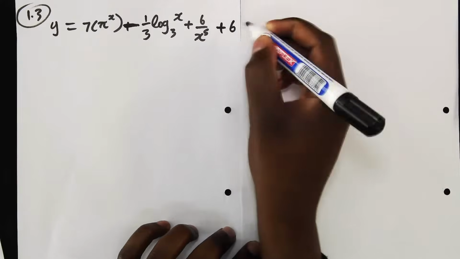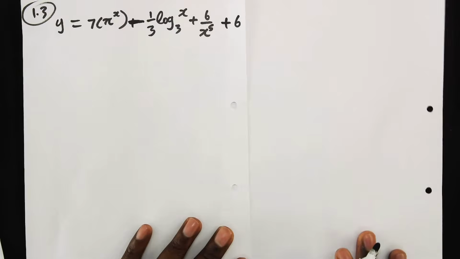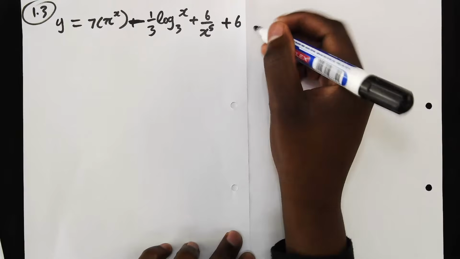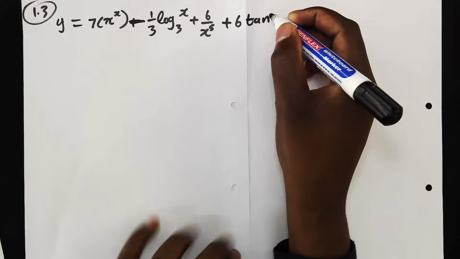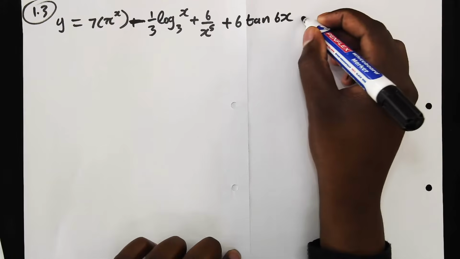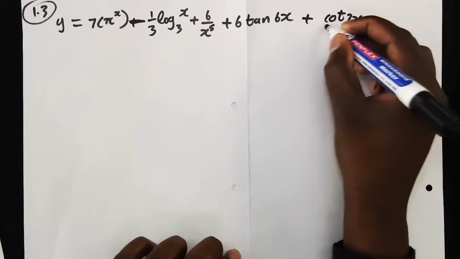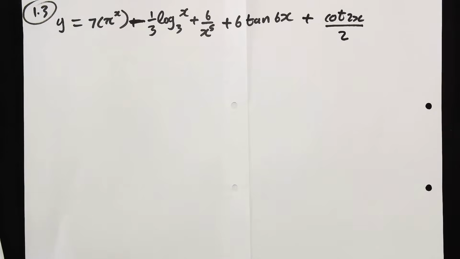So it's plus 6 tan 6x, right? Plus cot 2x, all divided by 2.